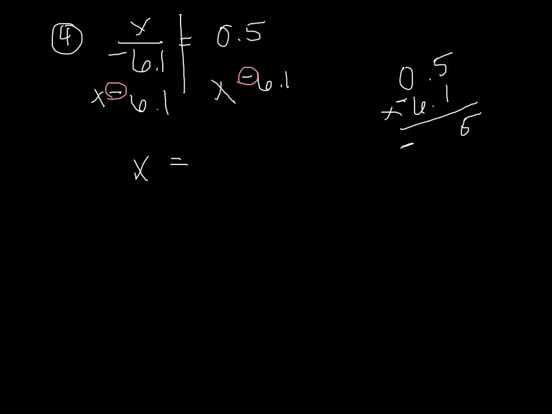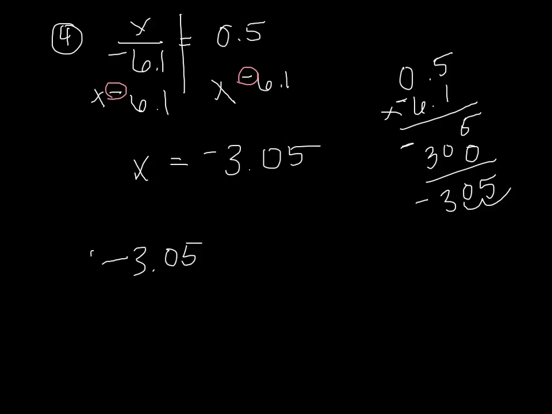Then I need to do 5 times 0, which is 0, so I'm just going to bring down my 0. 6 times 5 is 30, so I get 305 for my answer. And then I need to bring back my decimal point 2 spots because I have 2 numbers to the right of the decimal point in my original equation. So my answer is negative 3 and 5/100.